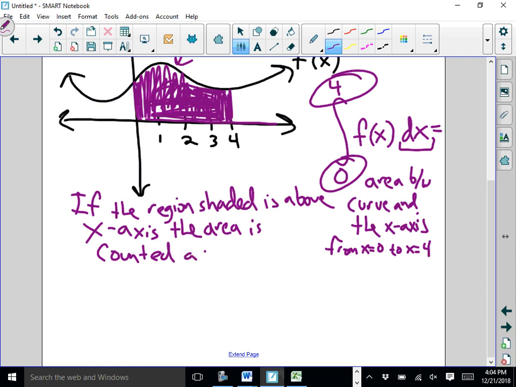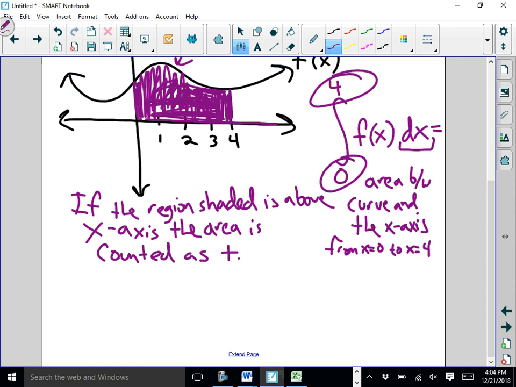So in the example I gave you here, I would get a positive number for this answer. So let's say the area of that shape is 12. Then the integral from 0 to 4 of f of x dx would equal exactly 12.